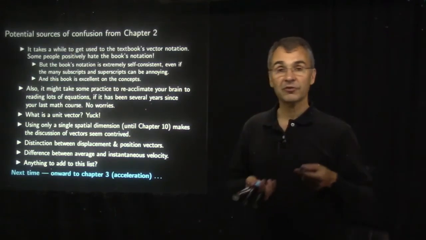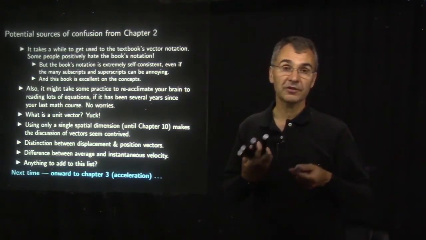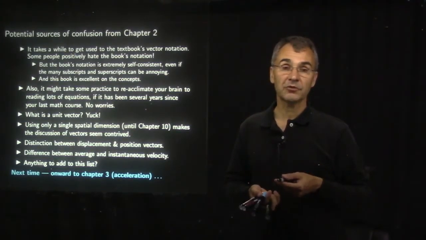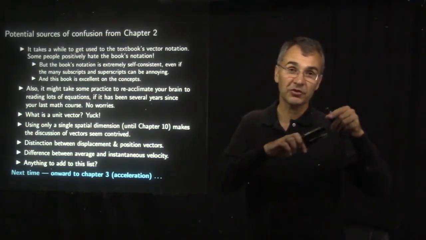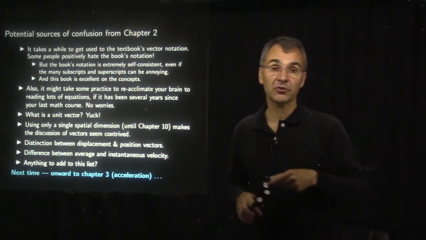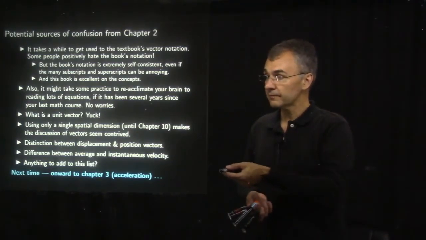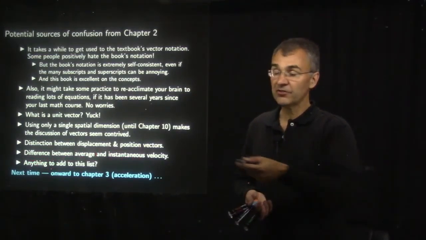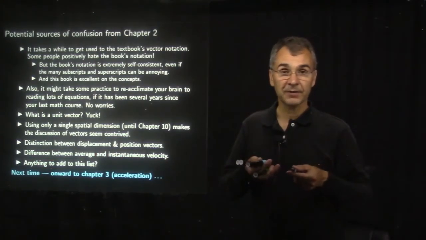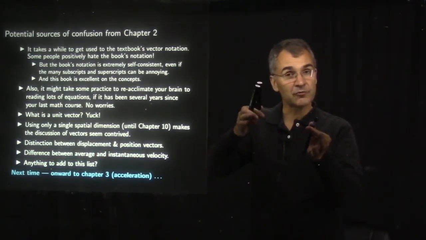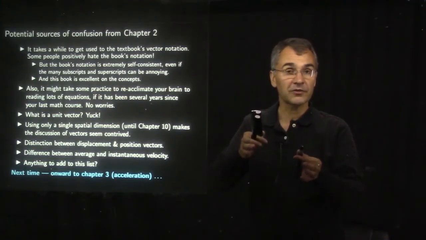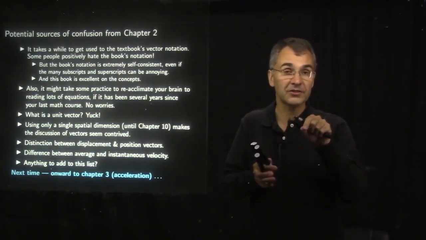The displacement vector versus the position vector is a little bit hard to keep straight. Displacement is your position now minus your position earlier, whereas position is just your position now. The difference between average and instantaneous velocity, that's tricky. Average is during some finite interval of time, whereas instantaneous is at one instant in time.